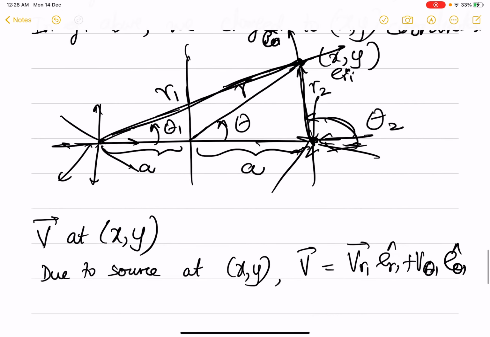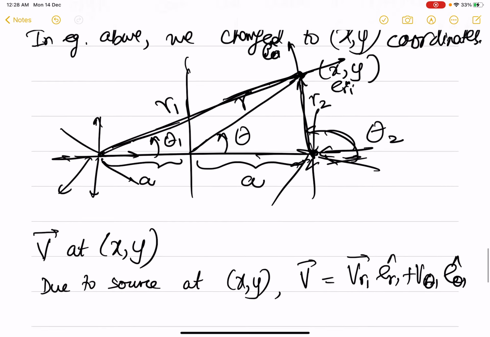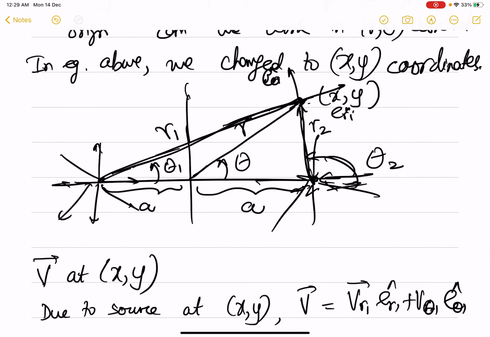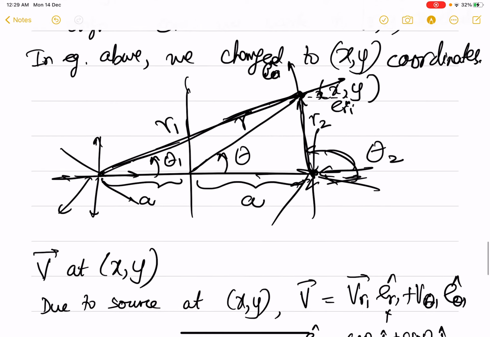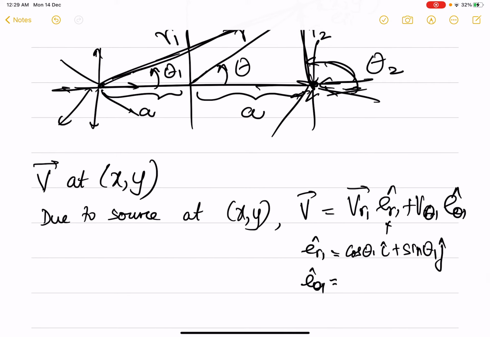ER1, we know, is cosine of theta 1 i plus sine of theta 1 j. And E theta 1 is equal to minus sine of theta 1 i plus cosine of theta 1 j.